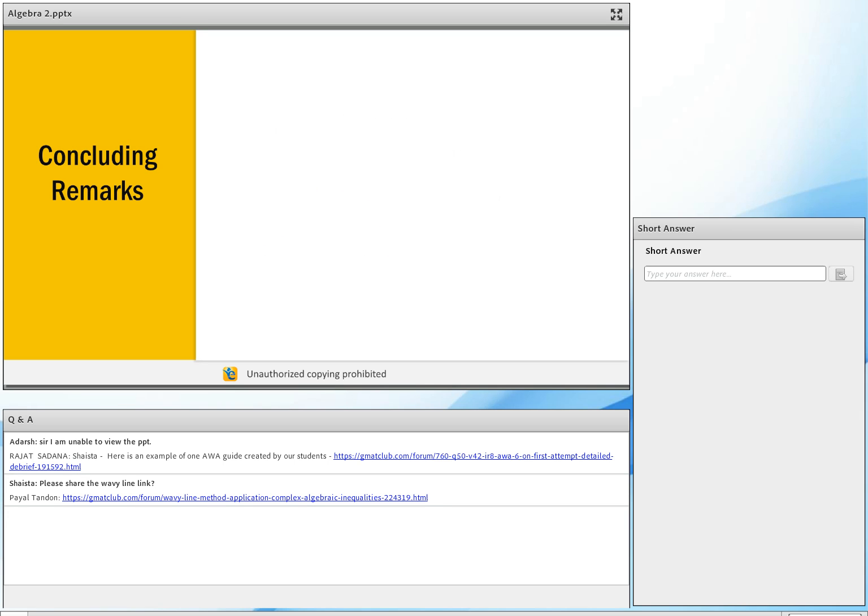In the end, what I'd like to say is that make sure that when you're going through the concepts that you have that 200% clarity in the concepts. Okay, don't resort to shortcuts, don't resort to just tricks. Adopt that step-by-step process to solve questions.